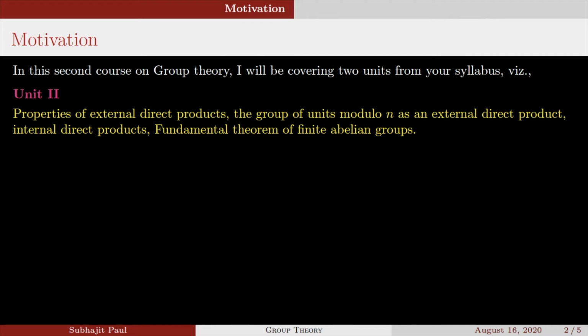which contains properties of external direct products, the group of units modulo n as an external direct product, group of units modulo n. This you encountered in the theory of rings. In the ring Zn, if n is a prime, then Zn is a field.